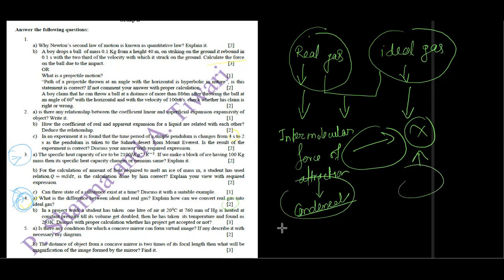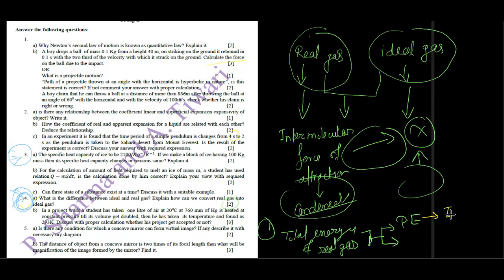If you want to add more points, you can write here easily: the total energy of real gas is composed of two types of energy. One is potential energy, and this energy is due to the intermolecular force of attraction, and it also contains kinetic energy, which is due to the temperature or randomness of the molecules.